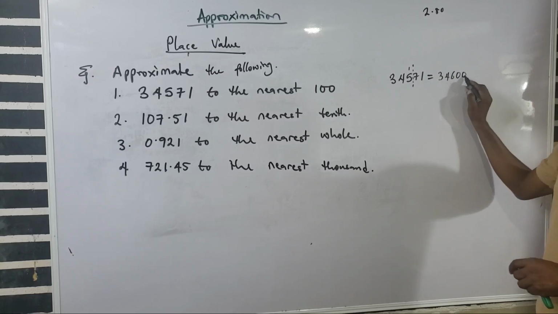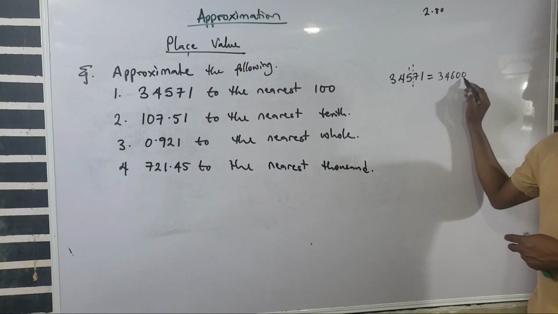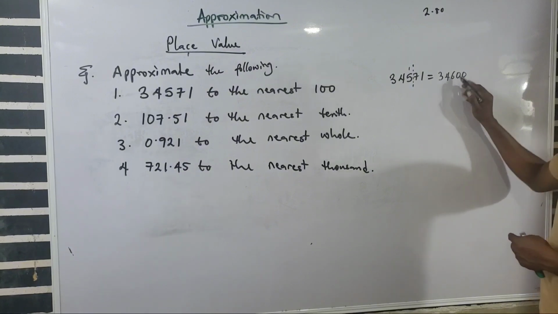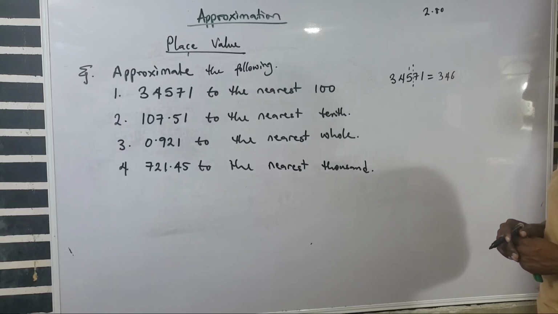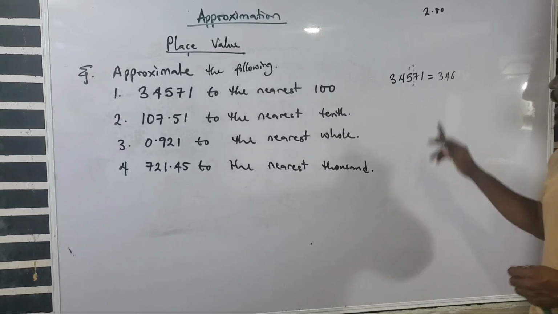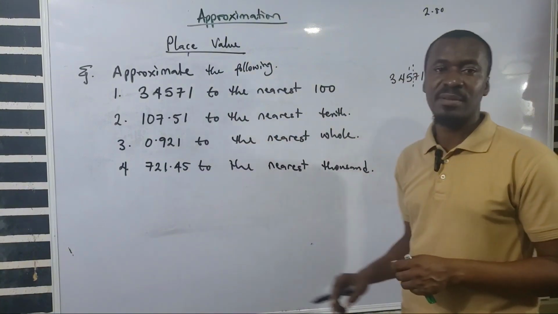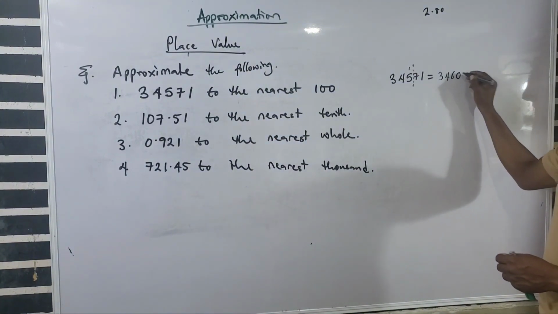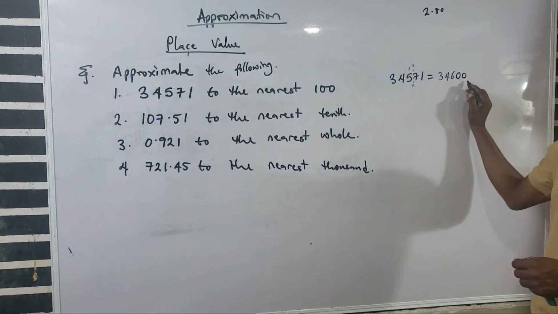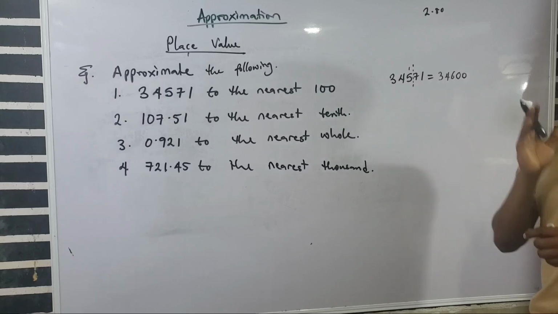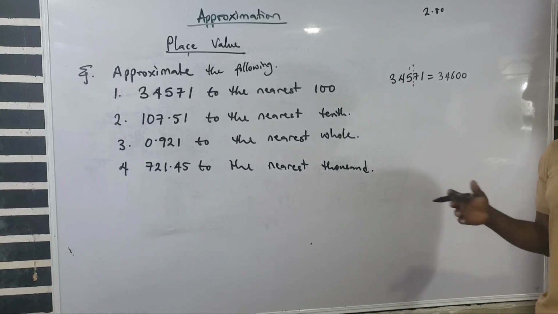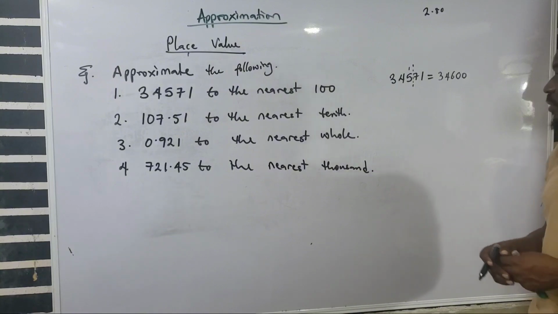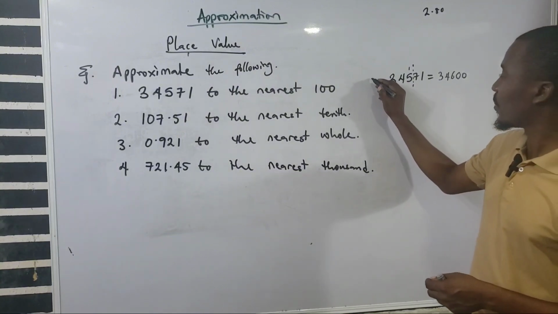Remember, the zeros are not the ending of a decimal number, so you cannot clean them because they are very significant. If you clean them, you are going to have 346, which is not the approximate value for this. So you don't clean the zeros because it's not a decimal number. Where we clean it is when it ends a decimal number. Okay, so this is the answer for number 1.